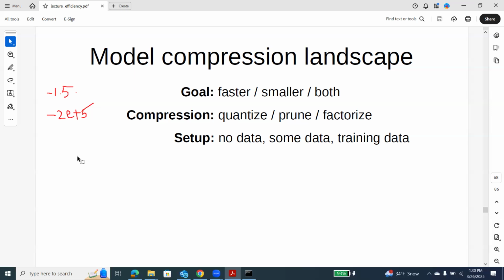But if you have just some data, then there is another idea how to use this small amount of data to compress the model more efficiently than just using the normal float quantization.